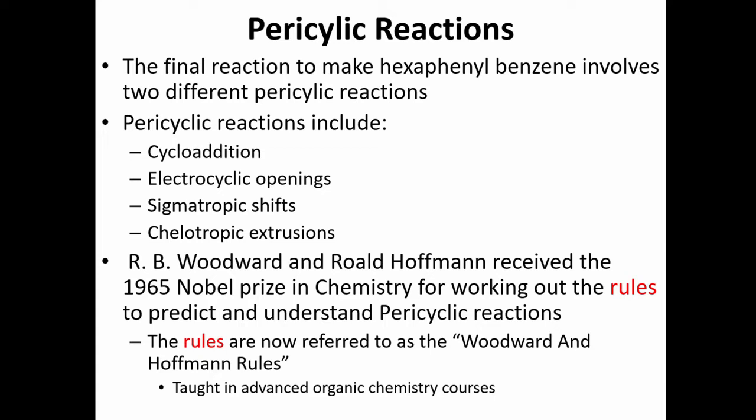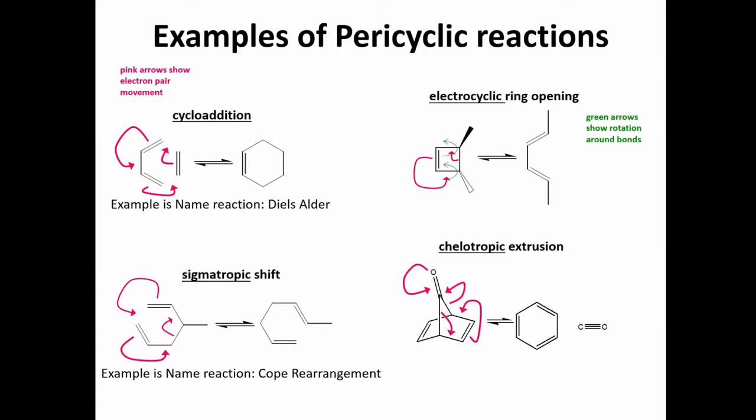The rules to predict and understand these reactions were discovered by Dr. R.B. Woodward and Roald Hoffmann, who received the Nobel Prize in 1965 for their contribution on this work. Today, these rules have become so important that they're referred to as the Woodward and Hoffmann rules, and they're taught in many advanced organic chemistry courses.